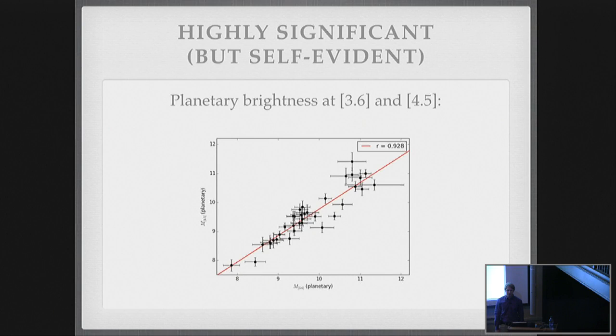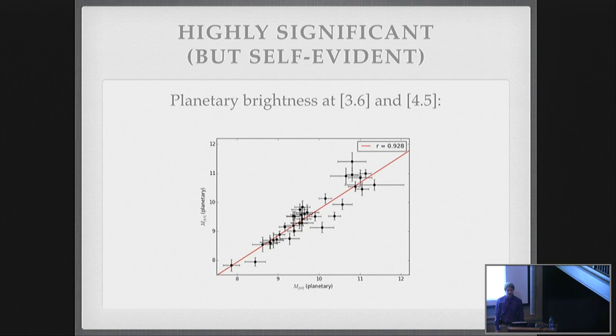So some of the significant results, which were very obvious, include, for example, the magnitude, the brightness of the planet, of a given planet in one wavelength versus the brightness in another wavelength. That's highly correlated simply because the size of the planet, the albedo of the planet, are the dominant effects in determining the brightness of the planet, as well as the temperature.